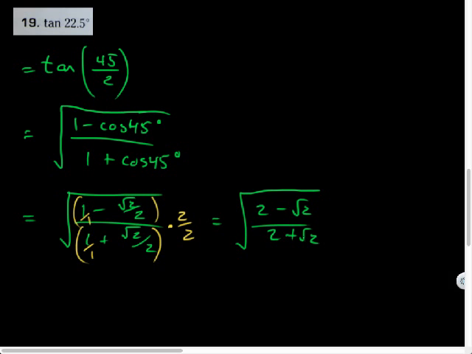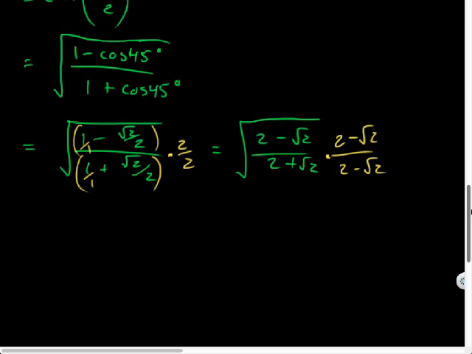Now I've got so many radicals floating around. I've got this radical in this denominator. In order to get that out, I actually have to multiply by the conjugate, not complex conjugate, just plain old conjugate, I guess, because these are not imaginary at this point.